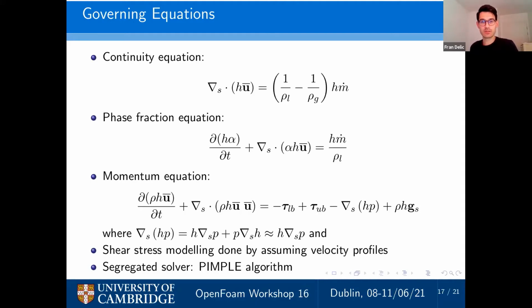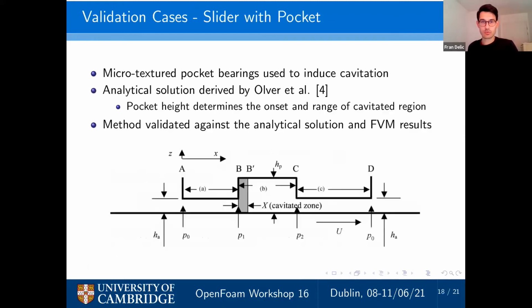The next term is the shear stress terms in the momentum equation, which are modeled by assuming a velocity profile, similar to the Reynolds equation. And the third term of interest is the m dot term, which is the mass source term due to cavitation. The equations are assembled with the PIMPLE algorithm and solved using a segregated solver. And this is still work in progress since the cavitation model hasn't yet been introduced.